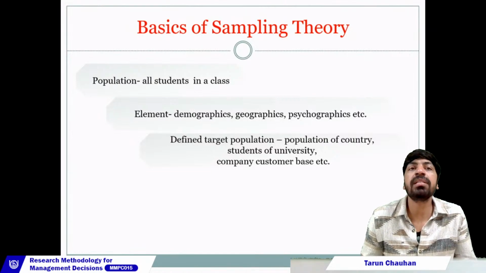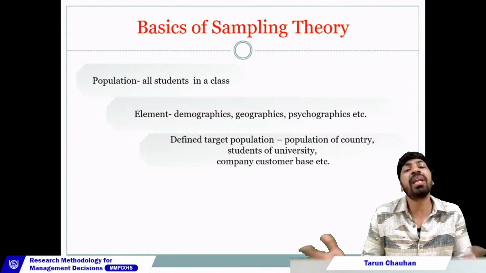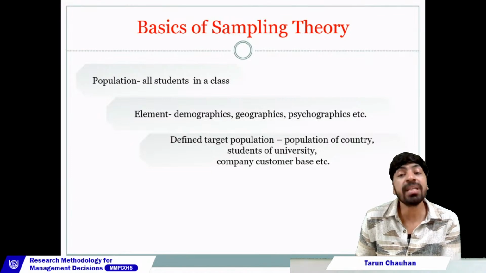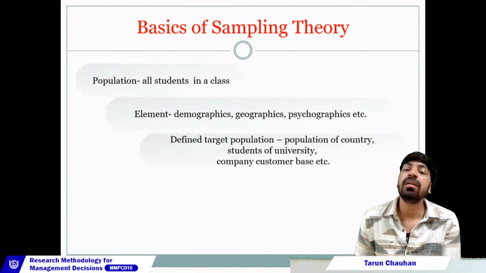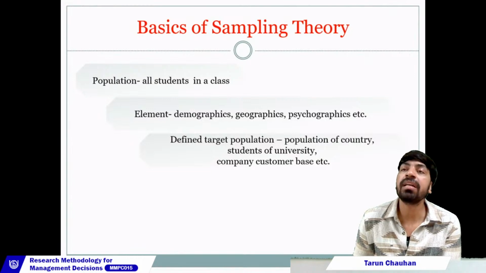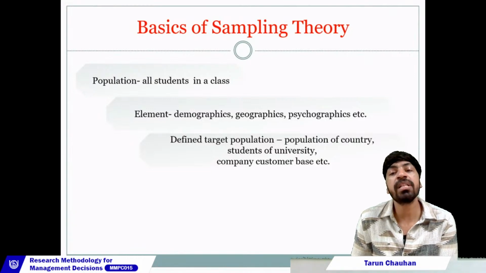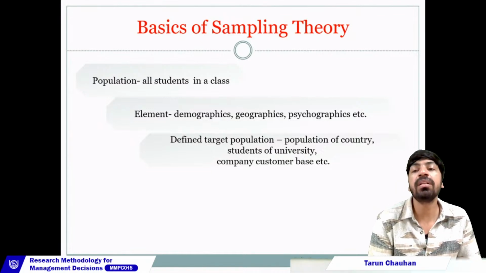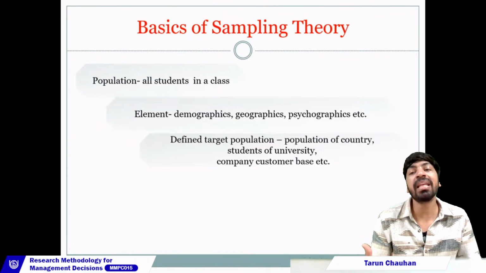Geographic variables are those variables which are related to the religion, cities, regions, etc. Psychographic variables are those variables which belong to the anxiety level, stress level, depression, and many more.